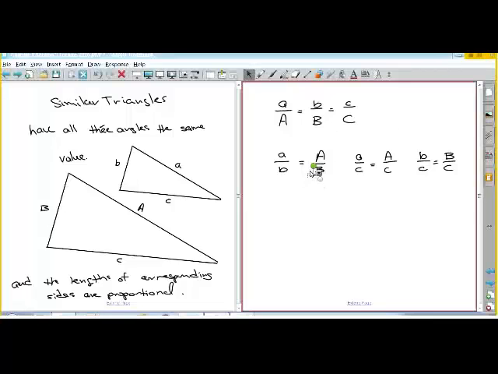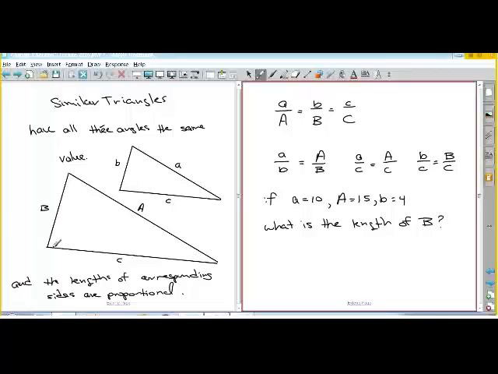So let's just make up an example that kind of fits my drawing. So let's say that side a has length 10 and the corresponding side on the larger triangle has size 15, and the size of side b here is maybe 4, what is the length of side B?